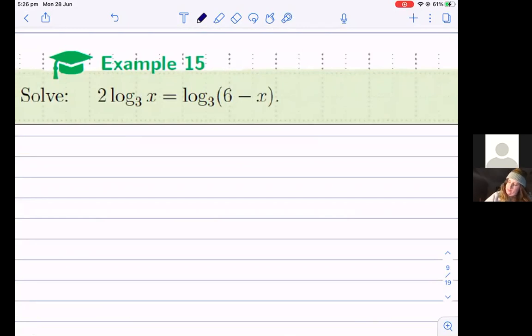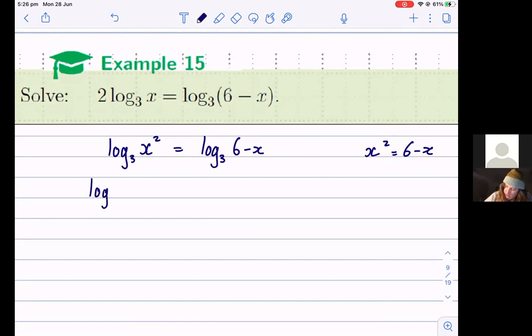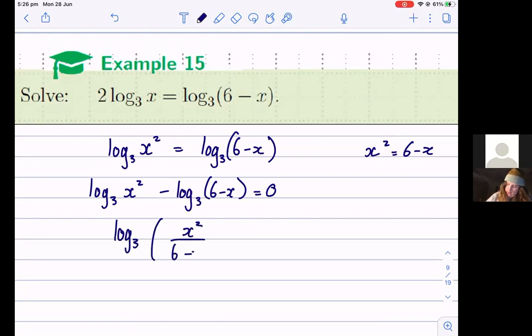If we have log base 3 of x squared equals log base 3 of 6 take x. Now, I'm pretty sure we can go straight to x squared equals 6 take x, but let me go the long way because it's been a while. Let's get them both over to the left. We've got log base 3 of x squared take log base 3 of 6 take x equals 0, which means we've got log base 3 of x squared over 6 take x equals 0.